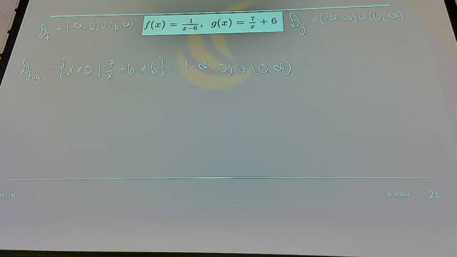Domain for g of f. Elements in the domain of f such that f of x is in the domain of g. Where does 1 over x minus 6 equal 0?